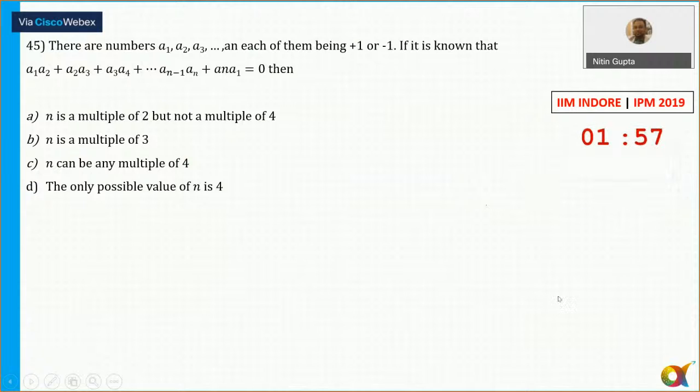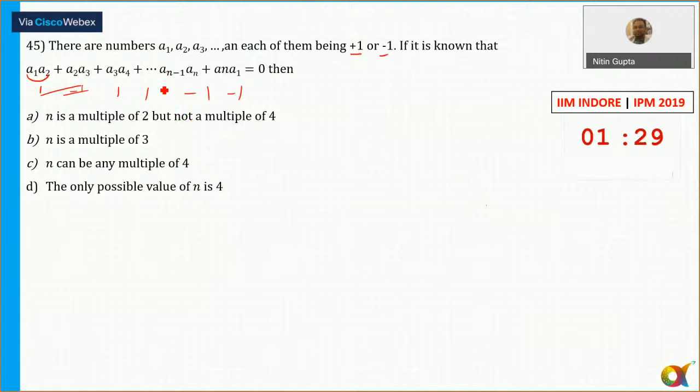Let's see. Now, first of all, remember one thing, that each of the numbers is either +1 or -1. So the product of each one of them can be either +1 or -1. So for example, if I say A1 is equal to +1, then to get a final sum of 0, one value should be -1, or I may get two values as -1.